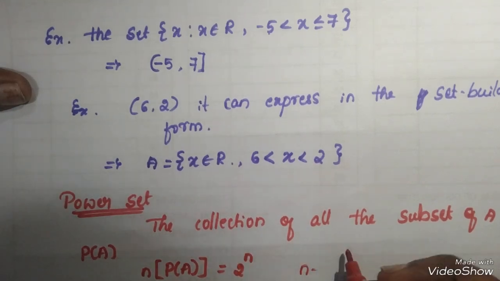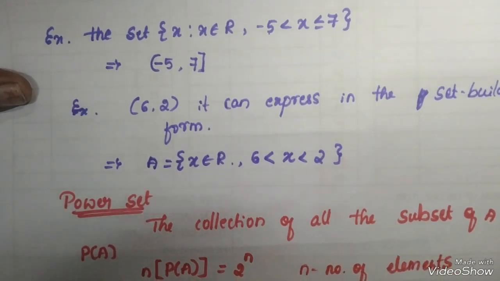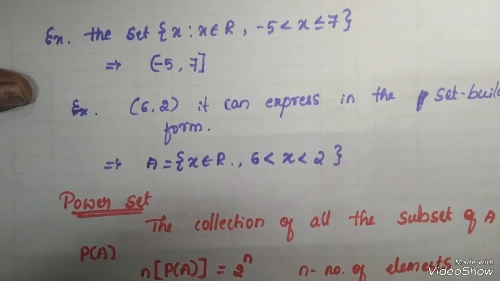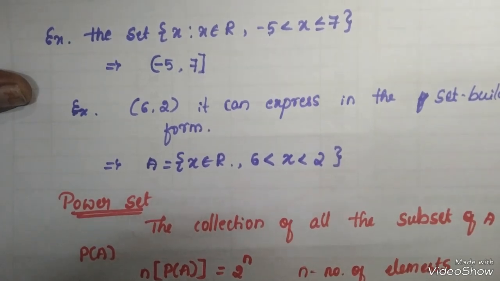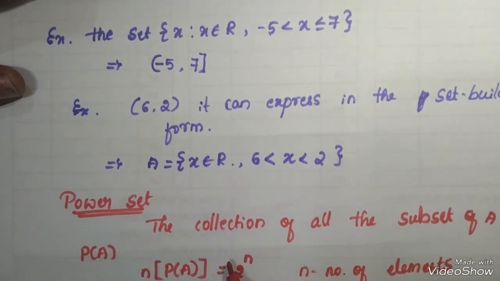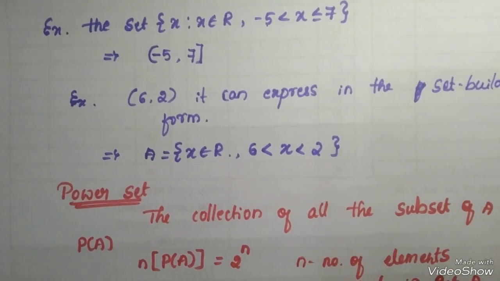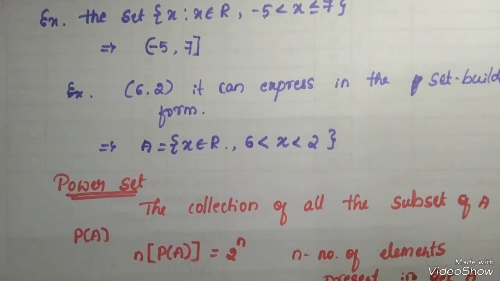Here n represents the number of elements present in the set A. This is how we find the number of subsets in a set A. The total number of subsets in a set A is 2 to the power n.